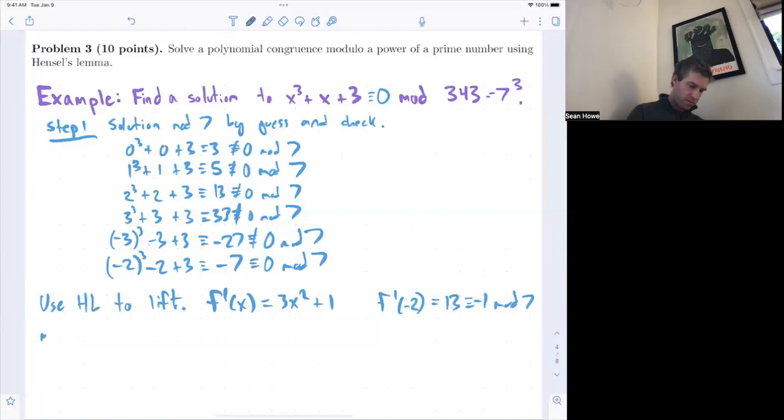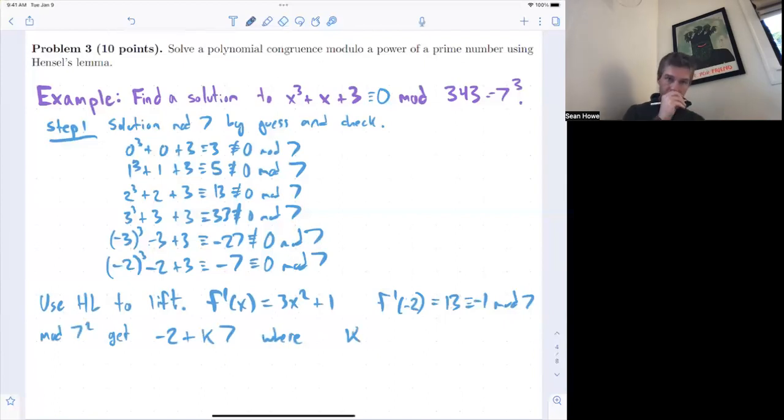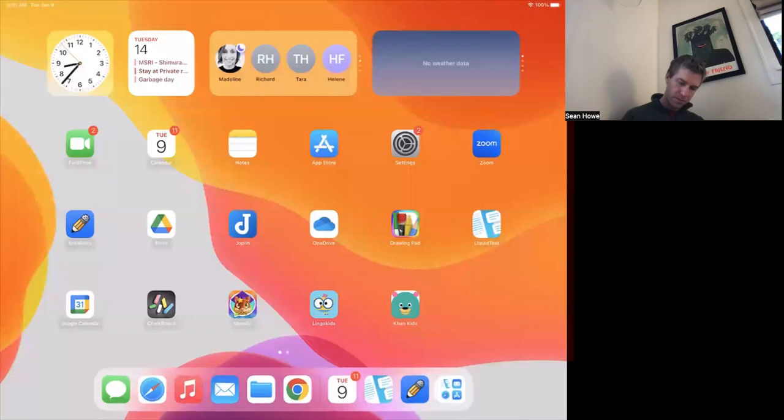So mod 7 squared, I get the solution -2 plus k times 7, where k is a solution. Whoops.